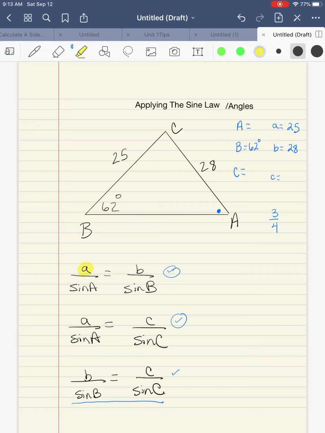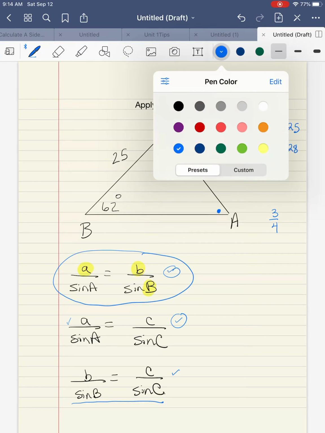Now, looking over here, do I have small b? Yes, I do. And do I have capital B? Yes, I do. So this one right here is the one that we're going to pick. That's the one we have 3 of the 4. This one right here, you wouldn't have 3 of the 4 because you don't have small c or capital C. So that's the one we're going to pick.